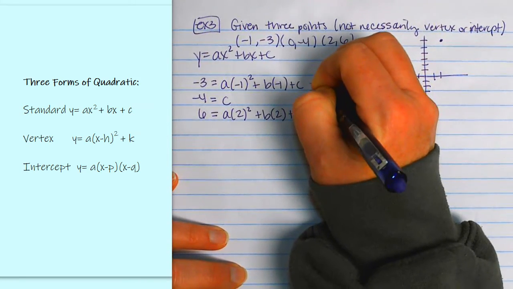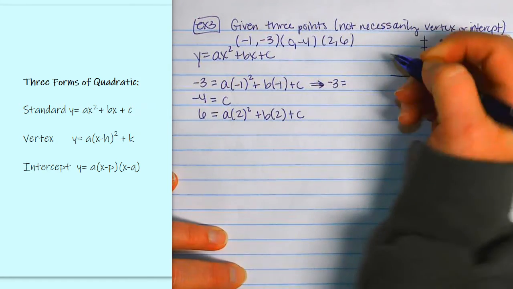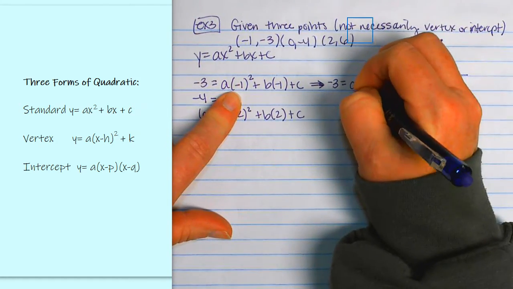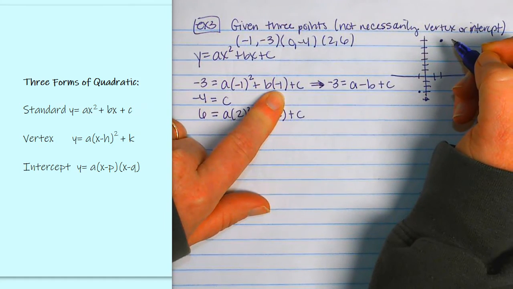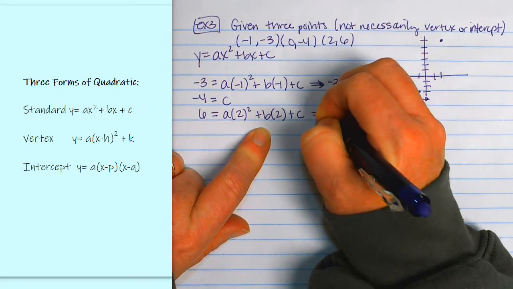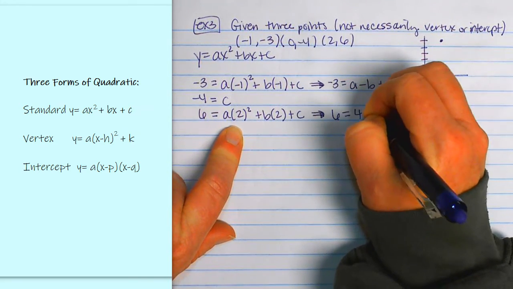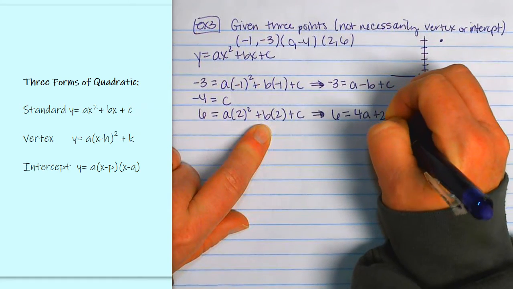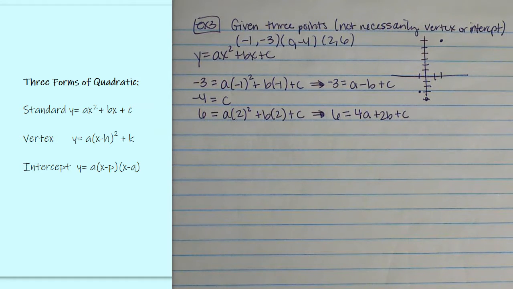I'm going to rewrite this one as negative 3 equals a minus b plus c, just doing the math for the negative one. This one is going to be 6 equals 4a plus 2b plus c. And I already know what c is, so it's -4.